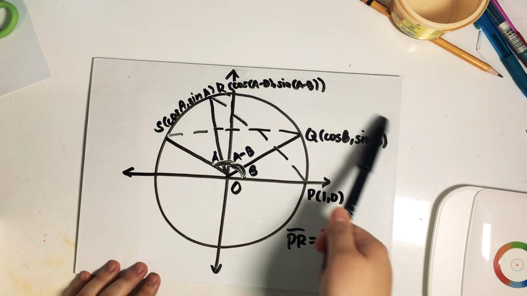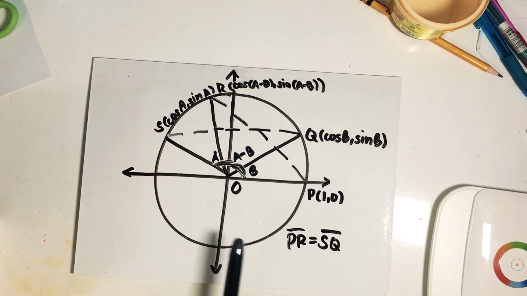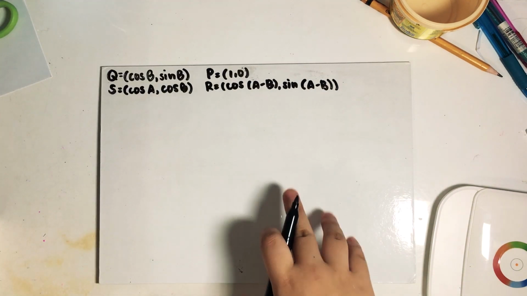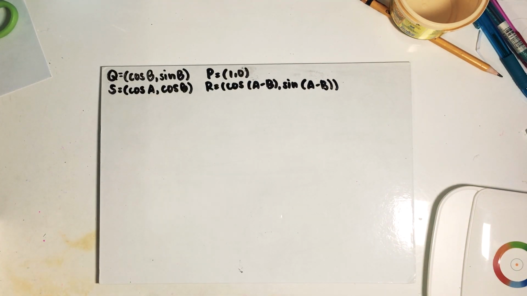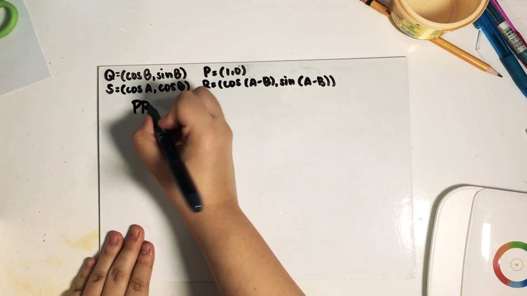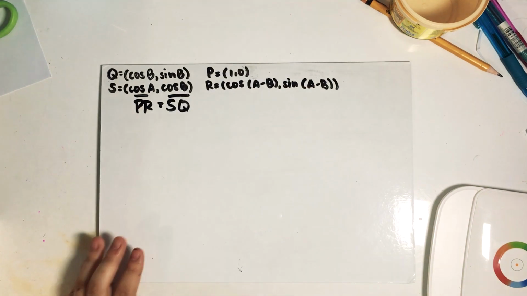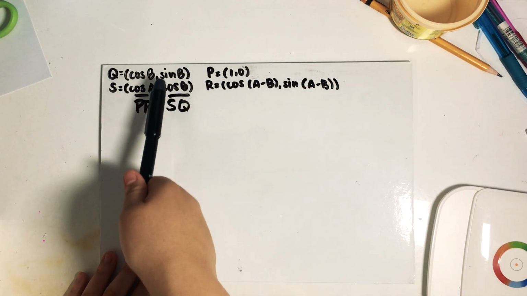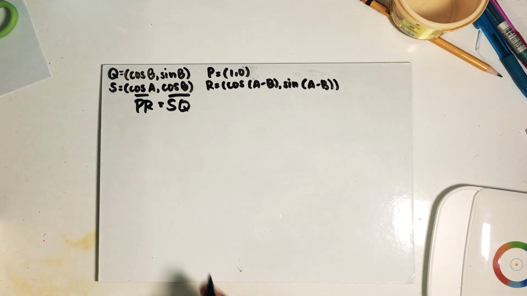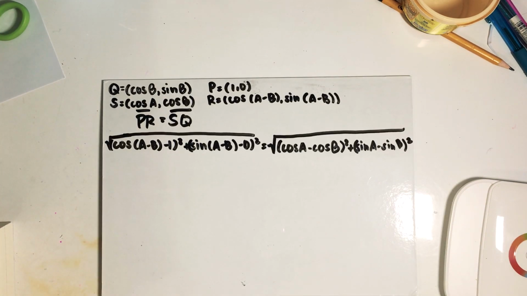So we need these coordinates to derive. With these values, we're going to use the distance formula because PR is equal to SQ. So using the distance formula with these coordinates, this is what we ended up with.